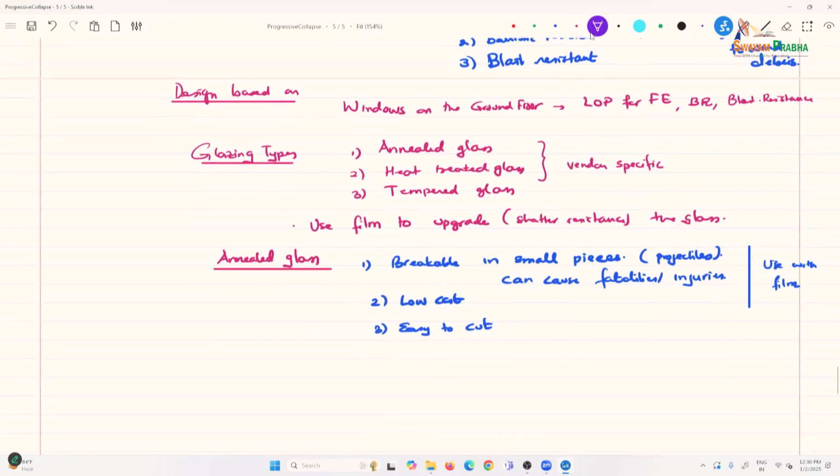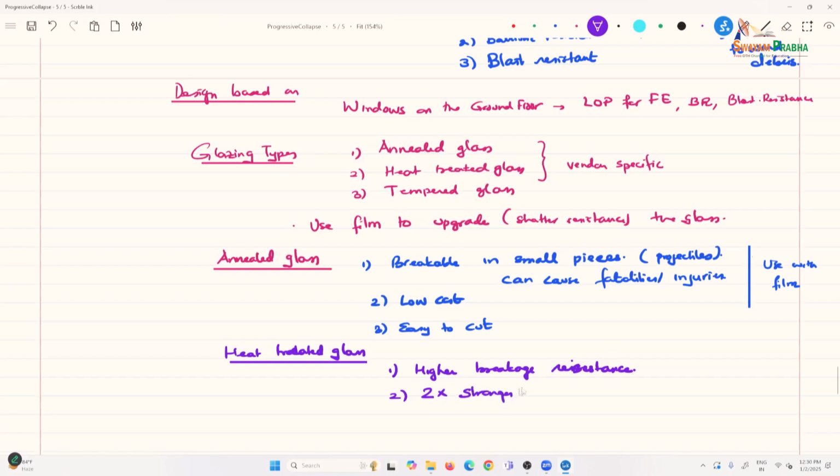Then you start getting into heat treated glass. Some of the physical properties are as follows. It has a higher breakage resistance. Strength is 2 times stronger than annealed glass.